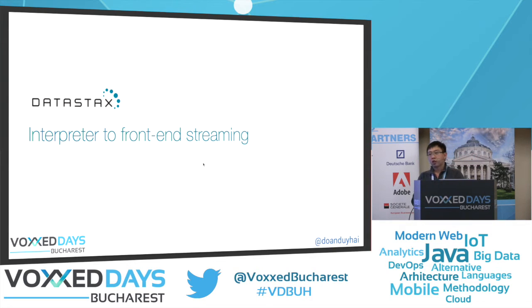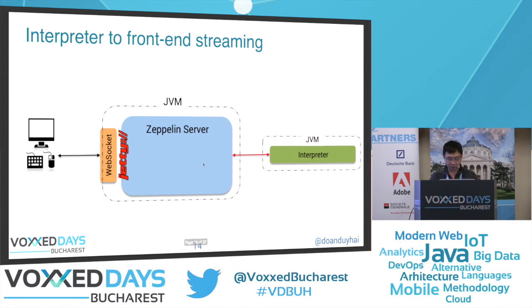There is an extra feature that is exclusive to Zeppelin and you don't find in other notebooks, which is streaming. We are talking about big data here. So when you are deploying your big data pipeline on production, sometimes you have a stream of data, a continuous stream of data that is coming in forever.